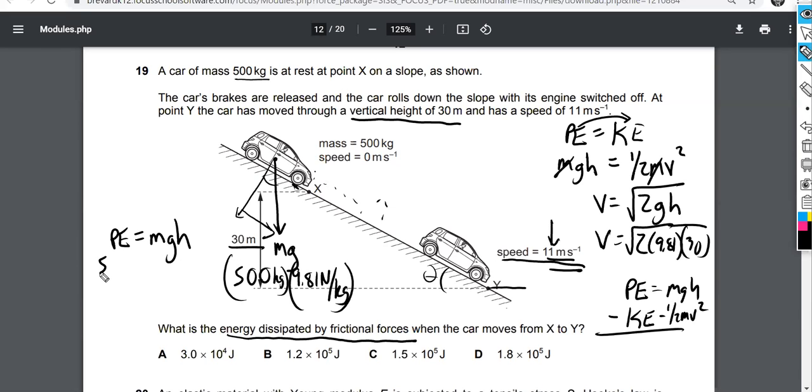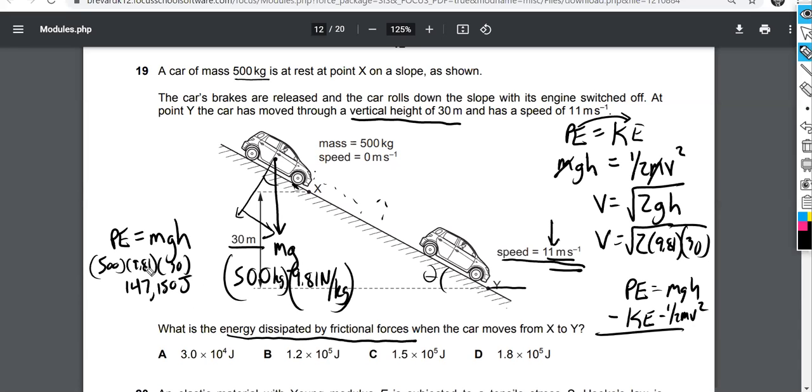We got the potential energy, 500 kilograms times 9.81 newtons per kilogram times 30 meters. That gives us a total potential energy of 147,150 joules.